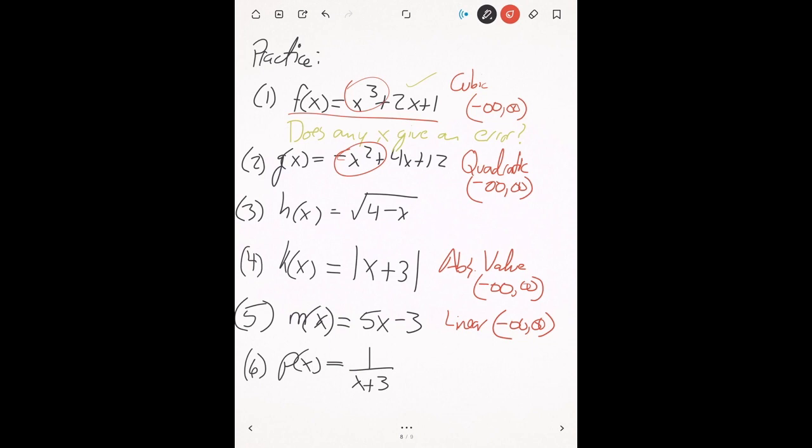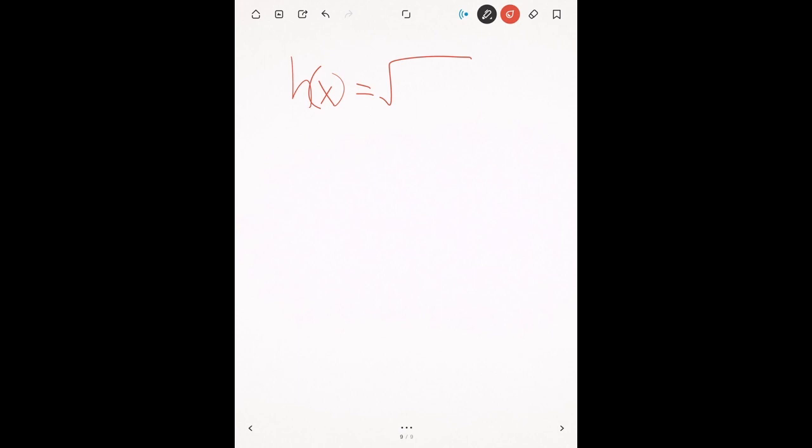Okay, now we have the weird ones. We have the square root of 4 minus x, and we have 1 over x plus 3. Let's start with 4 minus x. h of x equals the square root of 4 minus x.